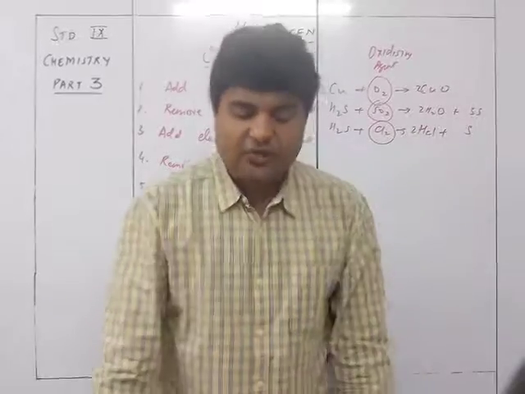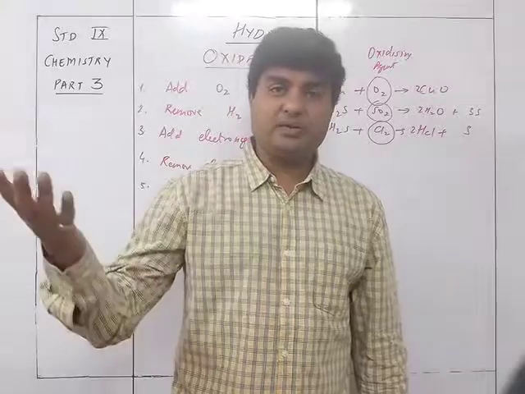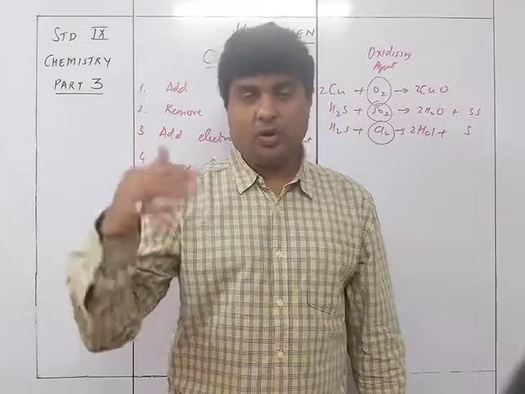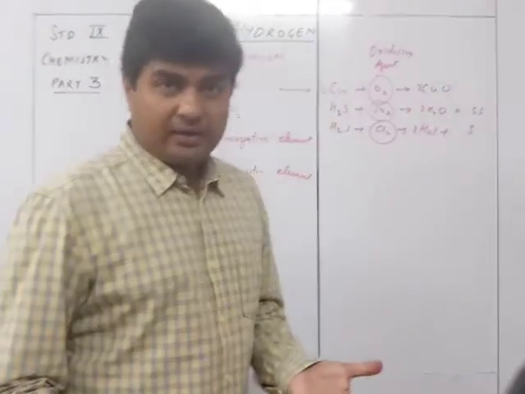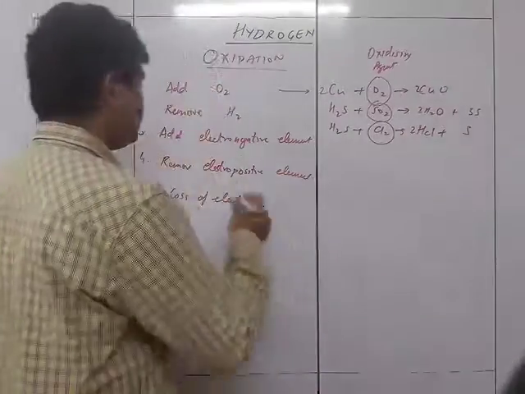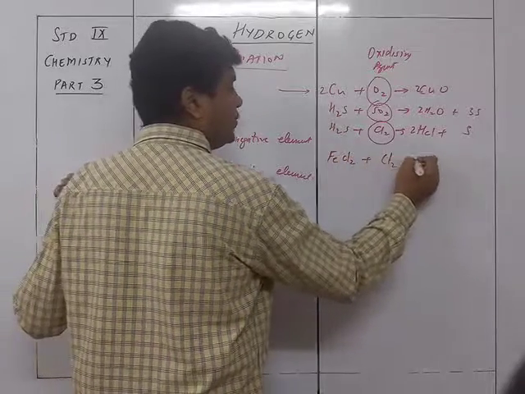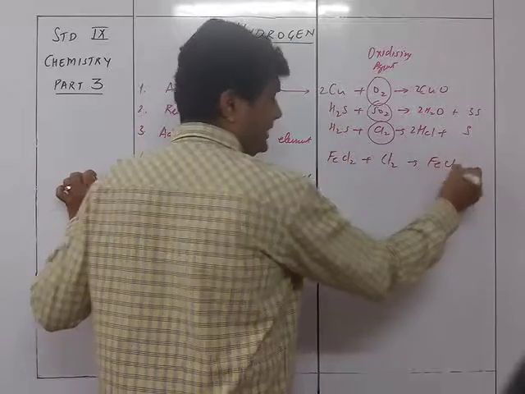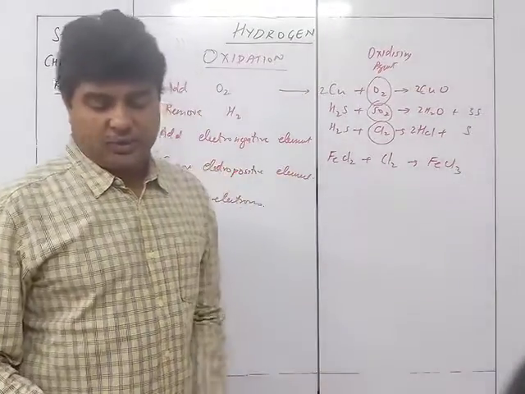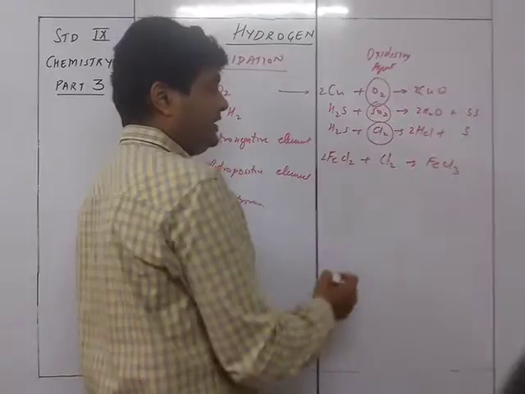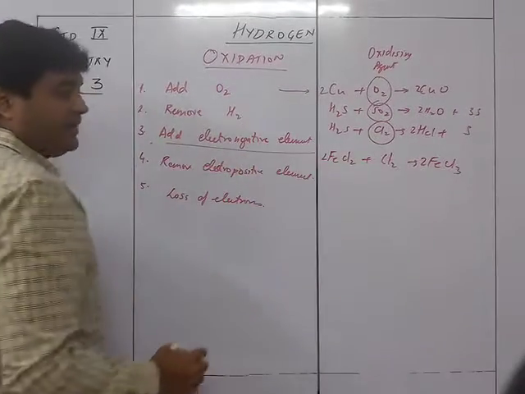The next is addition of electronegative element. Electronegative elements are anything which is negatively charged, that is chlorine or any non-metal. So an example is FeCl2 plus Cl2 giving FeCl3. Here the addition of chlorine is called addition of electronegative element.